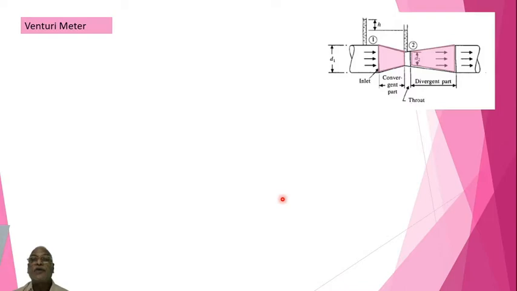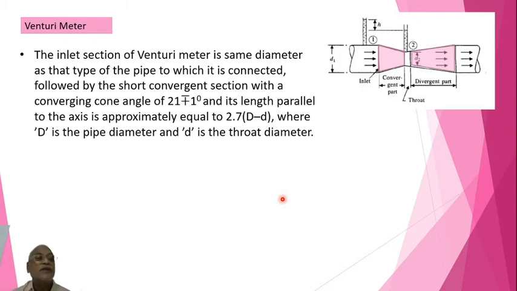The same Venturimeter is shown there. The inlet section of the Venturimeter is of the same diameter as that of the pipe to which it is connected, followed by the short convergent section with a converging cone angle of 21 plus or minus 1 degrees, and its length parallel to the axis is approximately equal to 2.7 times (D minus d).